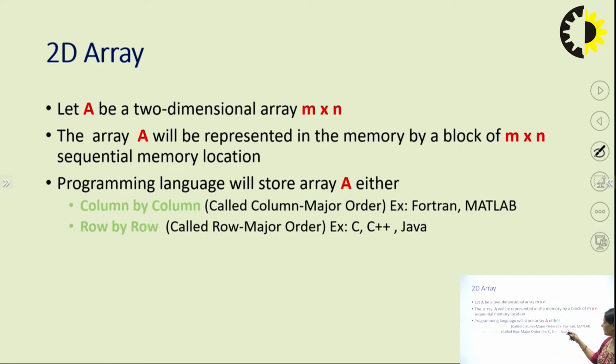Programming languages like Fortran and MATLAB go for column by column by default, and in C, C++ and Java the default is a row by row representation of a 2D array.